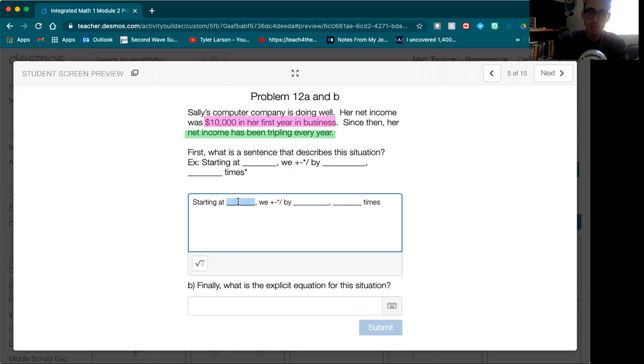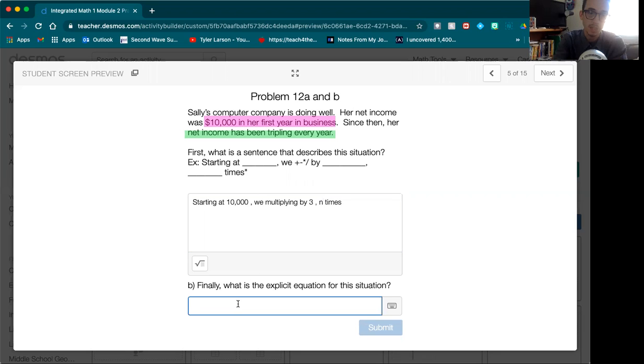So starting at 10,000, how do you think this is going to be going? Are we adding something, subtracting, dividing, multiplying? Hopefully you're saying multiplying. Multiplying by how much? By 3. I'm going to say n times because starting at 10,000, that's a big deal.